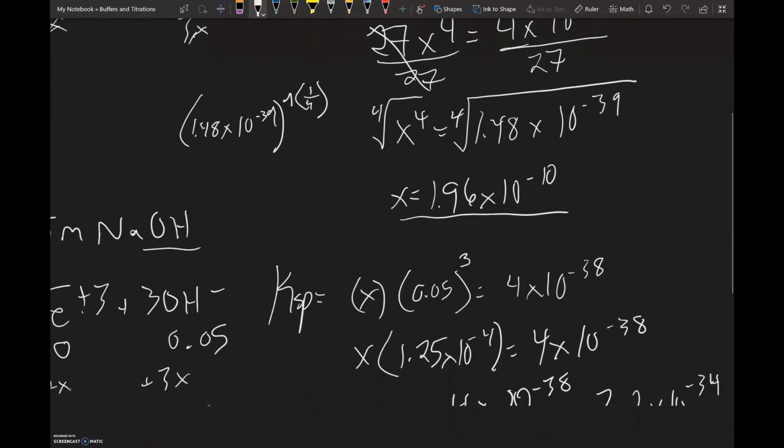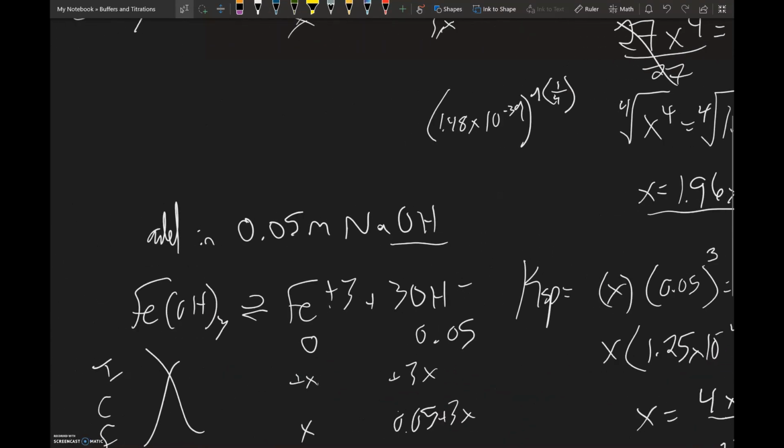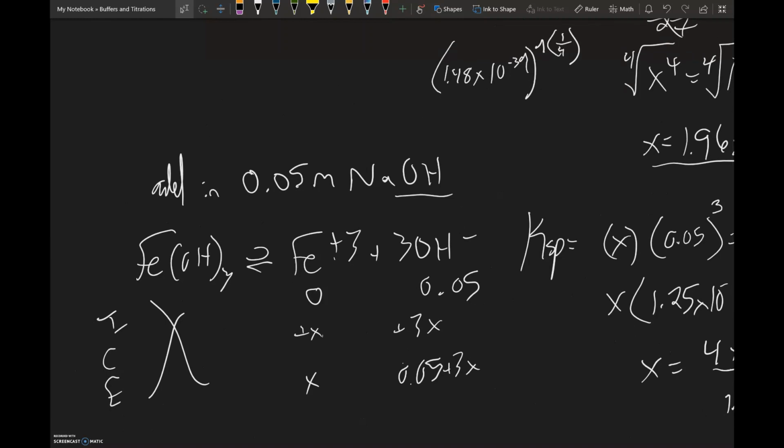So now we're going to add in 0.05 molar NaOH. What you're going to observe here is that NaOH is a basic compound, and it also releases hydroxide ions in the solution. So the hydroxide is present in this equilibrium, and as you change the concentration of hydroxide, you're going to affect the pH, and you're also going to affect the molar solubility of this solution.